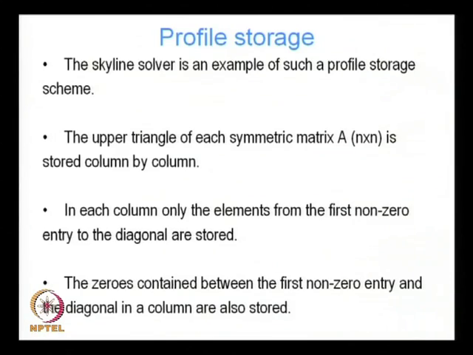All zero entries above the first non-zero entry are not stored. The zeros between the first non-zero entry and the diagonal are of course stored, but any zeros above the first non-zero entry are not stored.